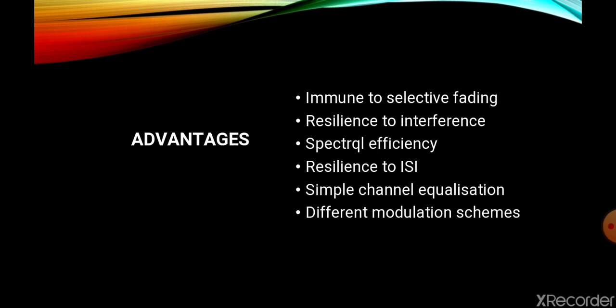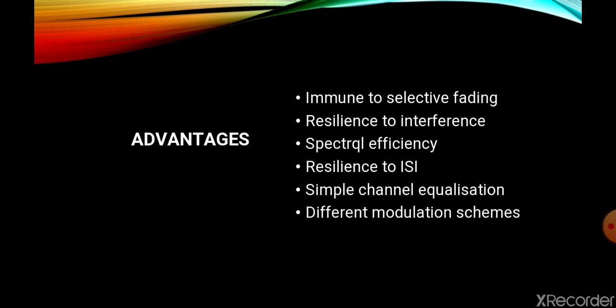Now, what are the advantages of using this OFDM technique? It is immune to selective fading, and it reduces interference. OFDM improves spectral efficiency, and reduces not just channel interference but also intersymbol interference, and it simplifies equalization.